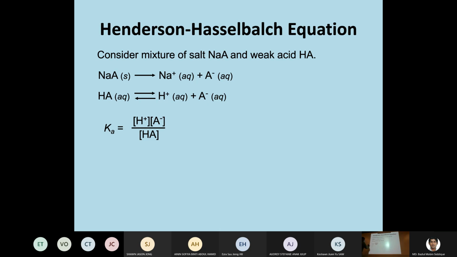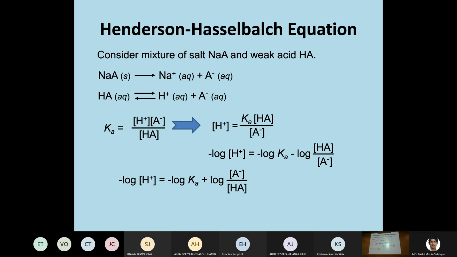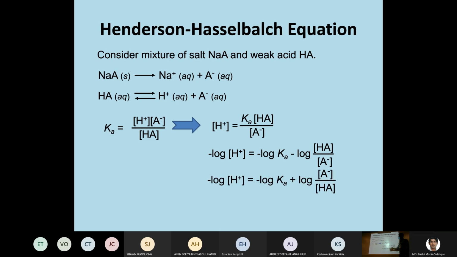the acid dissociation constant, we find from this equation. From here, if we want to know the pH of the solution, we have the hydrogen ion, so we take the hydrogen ion and rearrange it to get the pH.